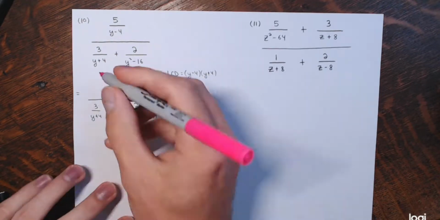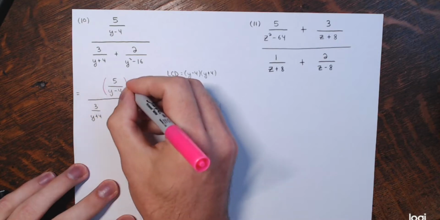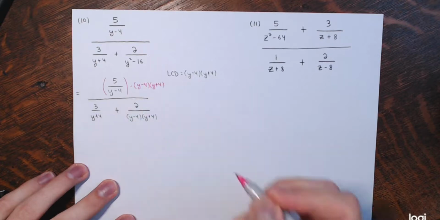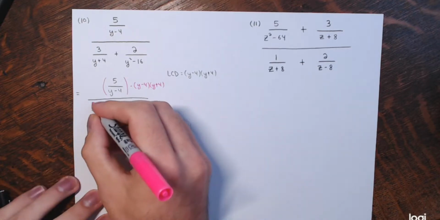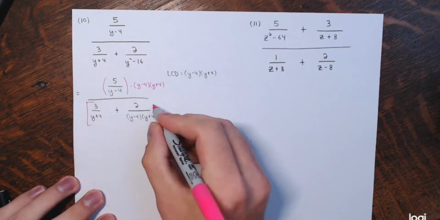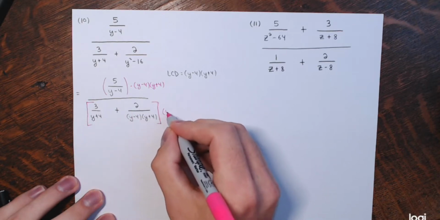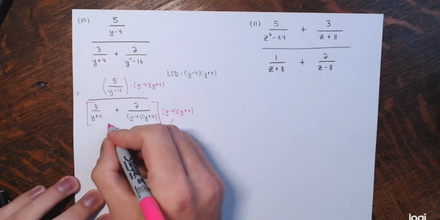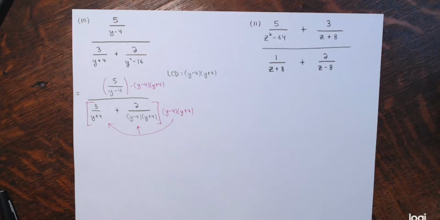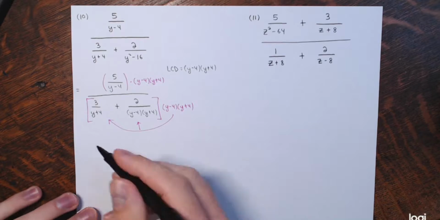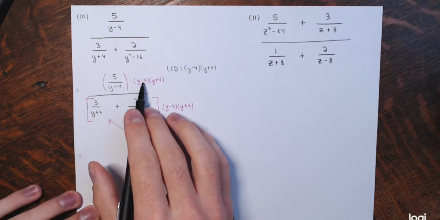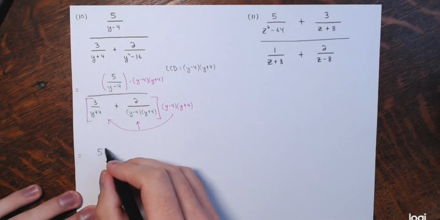So I'm going to multiply the numerator, just this single fraction, by the LCD, and the denominator has a sum of 2 fractions, so each one is going to get multiplied by the LCD, y minus 4 times y plus 4. And I'm going to be distributing that, and some things will cancel. The whole point of this is to cancel a lot of denominators. So the numerator, the y minus 4 would cancel. You're left with 5 times the quantity y plus 4.